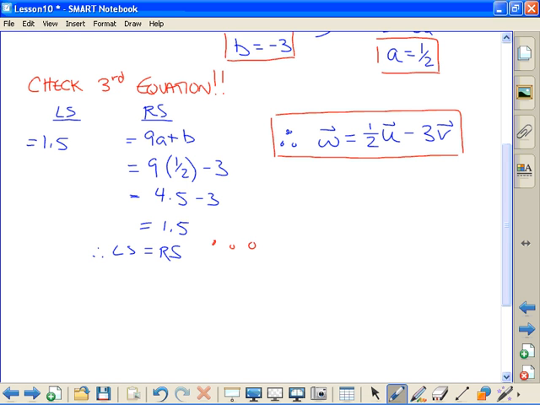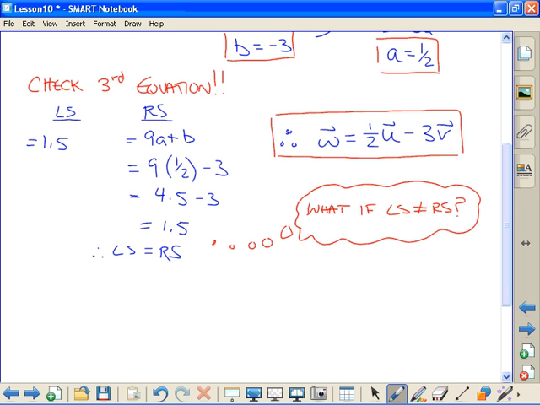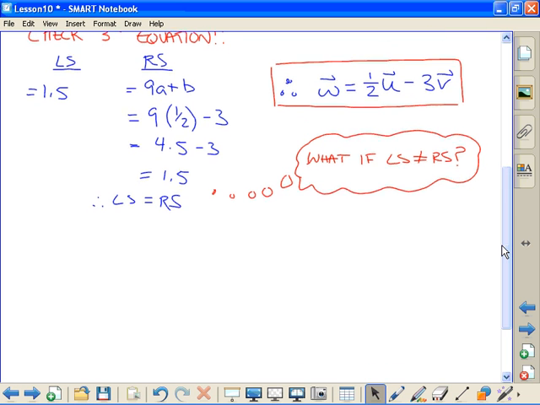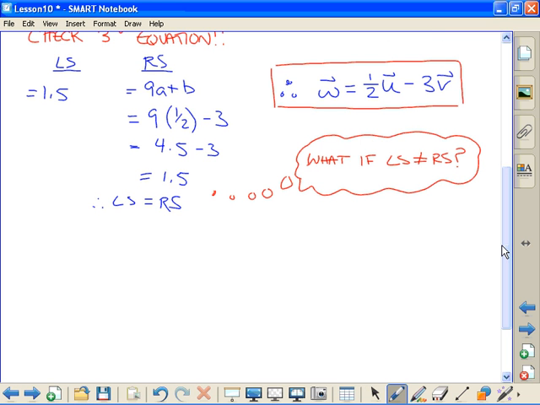Now the question is, what happens if this wasn't true? What if LS is not equal to RS? So here's the thought bubble. If LS isn't equal to RS, that would mean that w cannot be written as a combination.